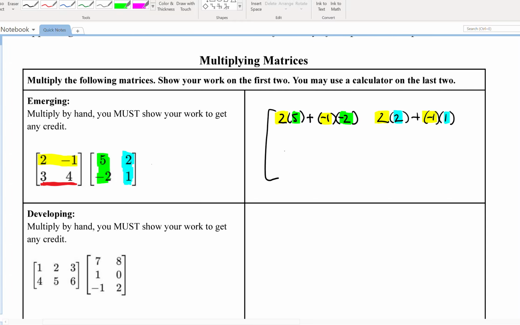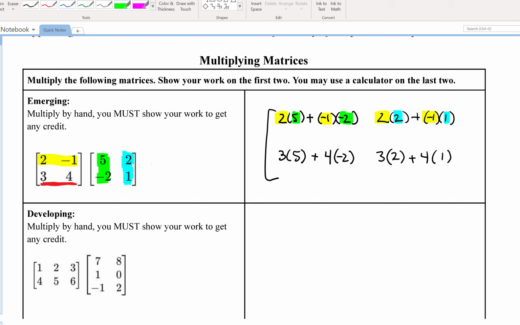So for this, I've got 3 times the 5 plus 4 times the -2. And then I've got over here 3 times the 2 plus 4 times the 1.